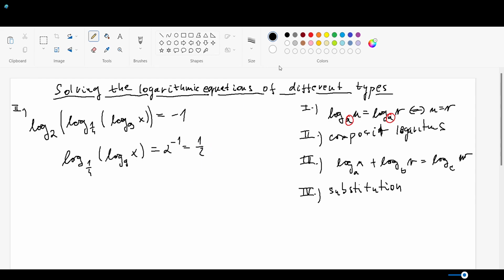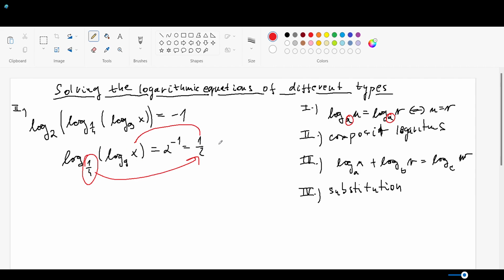Okay, now we do the same thing as we did before. It would mean the base 1/4 to the power of 1/2 must be equal to the argument of the function, which is this one.